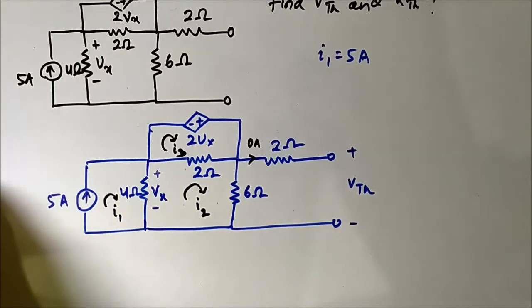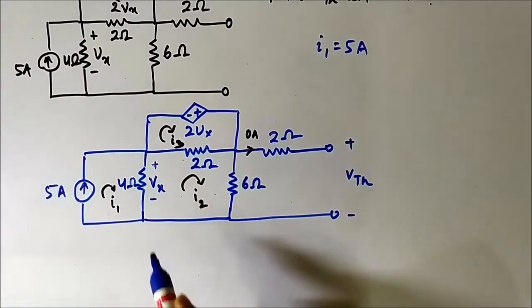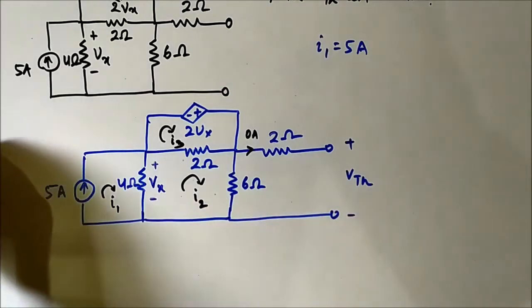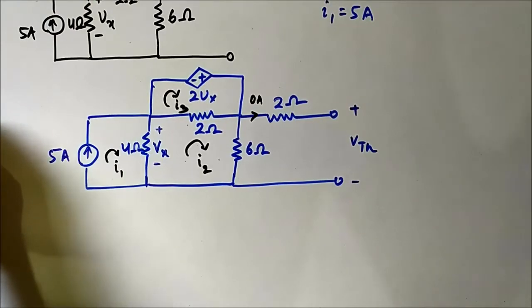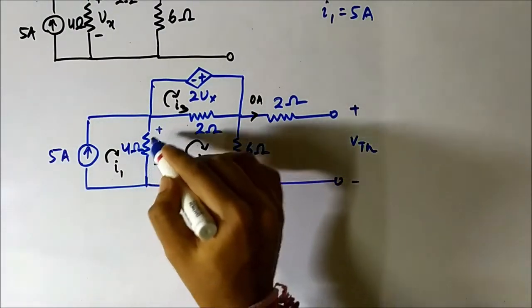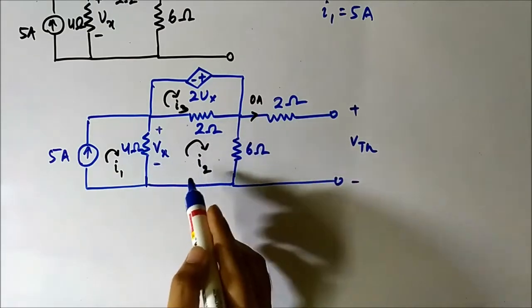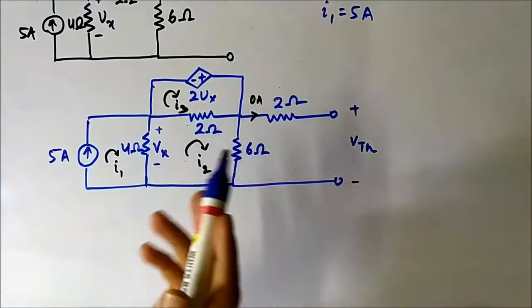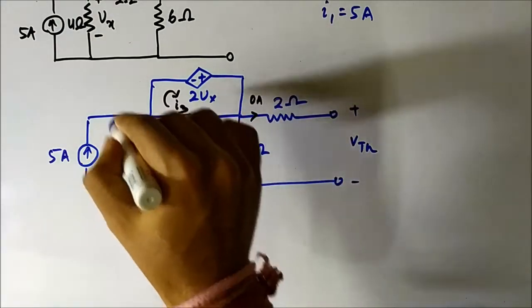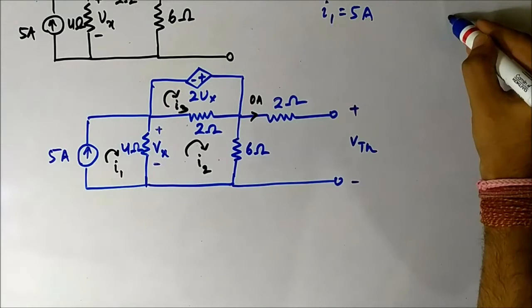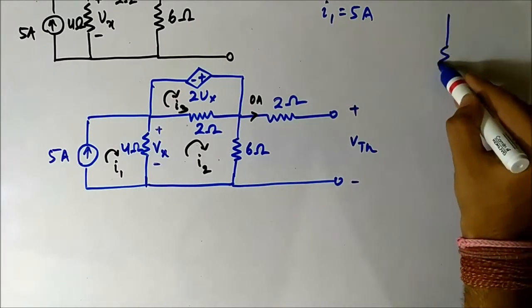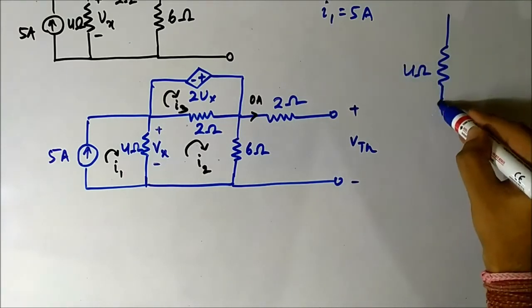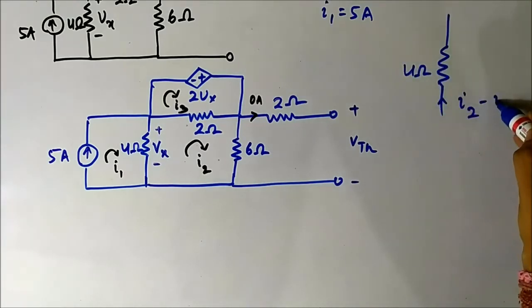To write the mesh equation for the second mesh, it will be like this. Here I2 is the predominant current. This is the reference current, and with respect to it the others will be considered in the negative direction. I2 is moving upwards. So here for this 4 ohm resistor, the net current will be I2 minus I1.